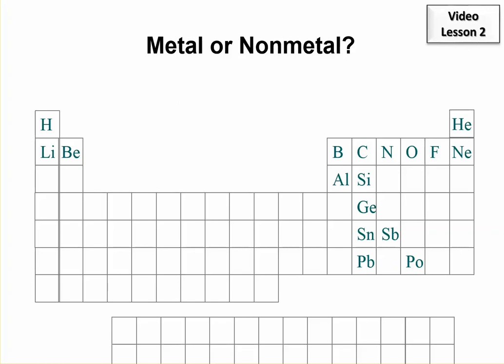One thing we'll need to do very often is to determine if an element is a metal or not. So you need to know where they are on the periodic table. Hydrogen and these elements above that stair step, these are the nonmetals.